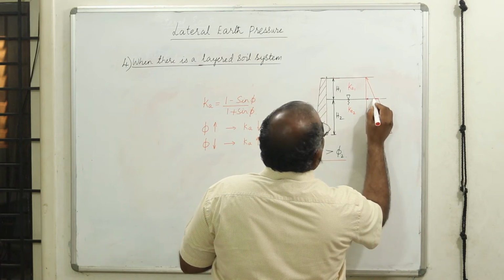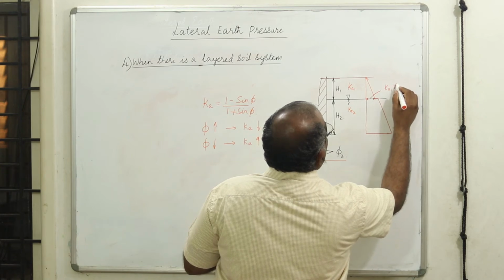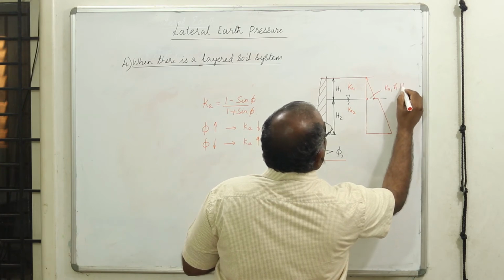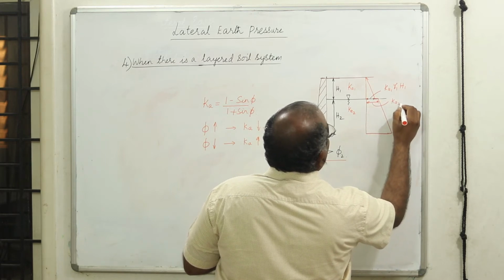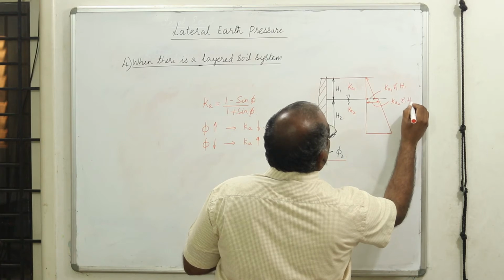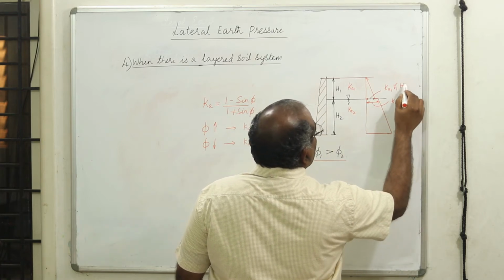Now this value is Ka1 into gamma 1 into H1, and this value at the interface is Ka2 into gamma 1 into H1. The height is same, all these things are same.